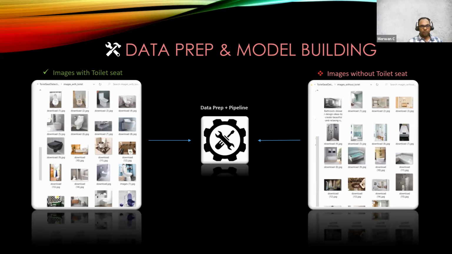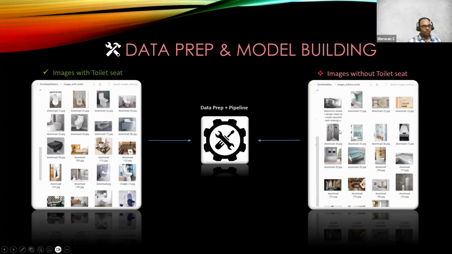So let us walk through these steps, starting with organizing our data. Here you can see I have sorted our images into two distinct categories. One is a folder of a set of images that contains a toilet seat.